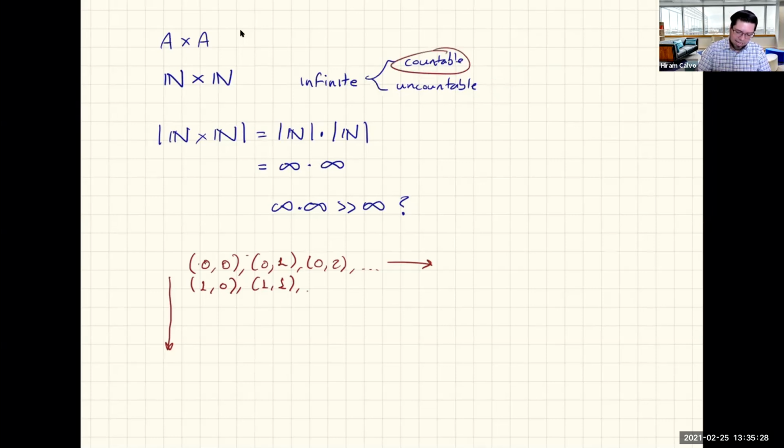And if we can count it, then it's countable. So the trick is, let's group them by their sum. First, let's count all of those elements whose sub-elements sum to 0. Now let's count those giving 1, which are (0,1) and (1,0).